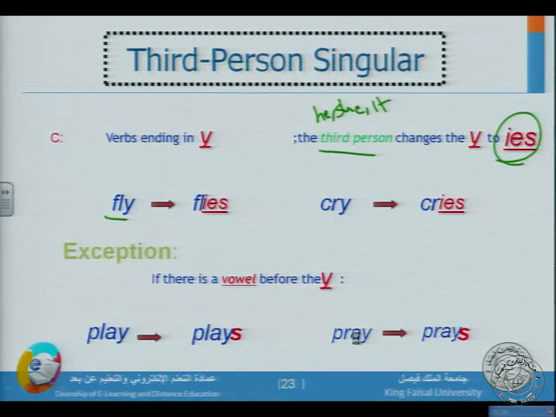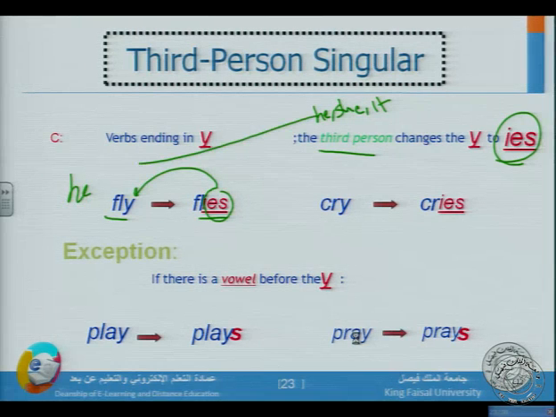For example, fly, we say he flies: we delete the Y and we add IES. This was originally a Y, but when we say he, she, or it flies, we delete the Y and we add IES. Cry becomes cries. Notice this sentence.